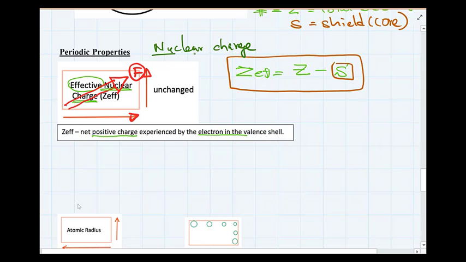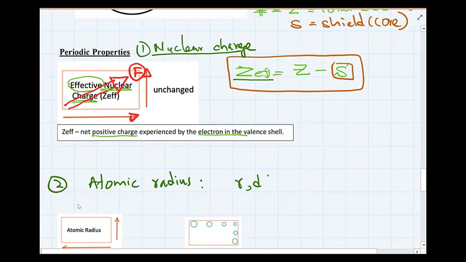Nuclear charge, that's based on the Z effective. So that's number 1. Let's move on to number 2, which is atomic radius. Like I said, I would like to generalize it as atomic size. That's why I put the little balls to represent atoms, because atomic radius depends on the radius and diameter, which is simply the size, right?